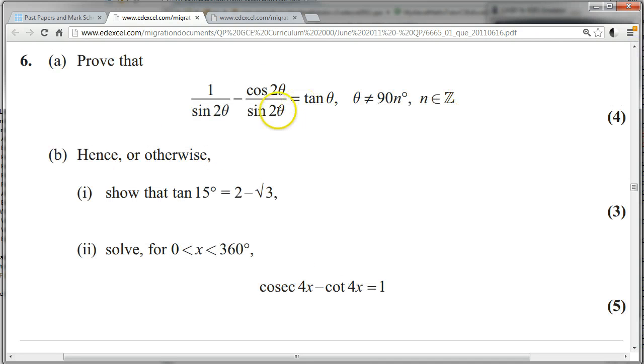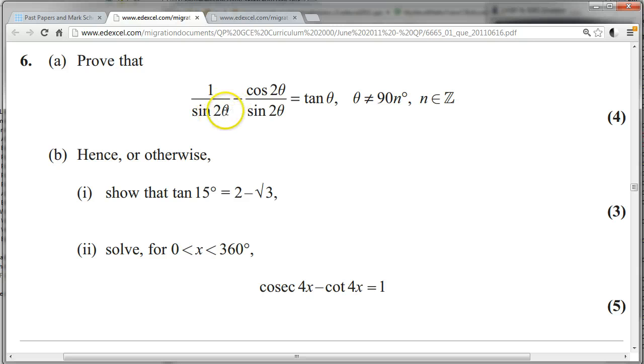Now this one, 6. The trig identity here. Nice, I'll do this one. Show this equals that, and then tan 15. Put theta as 15 and you get tan 30 degrees, which are easy to work out, and that should be easy. Solve this using this property because it says hence. So here, this is cosec, isn't it? This is cot.